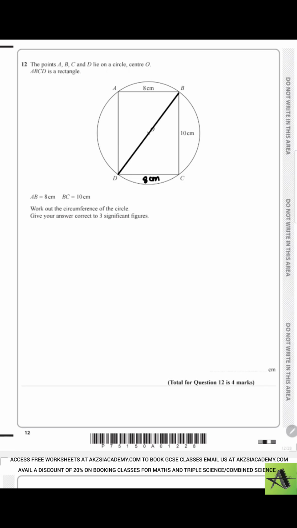And all the meeting edges are at right angles, so this is going to be a right angle. So I can apply Pythagoras theorem to calculate this diagonal. Clearly, just look at this triangle. This is actually a right angle triangle. So I can say that BDC is a right triangle.